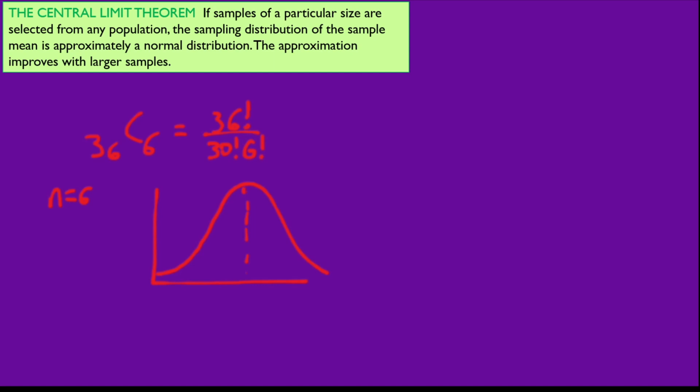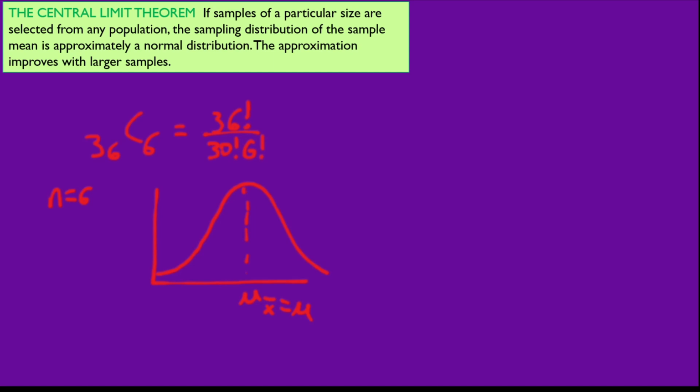And so we have a distribution of possible sample means, and we can apply what we talked about in the last video, in that we know where the mean of the sample means is. We know where the center of this distribution is going to be. It's going to be the population mean.